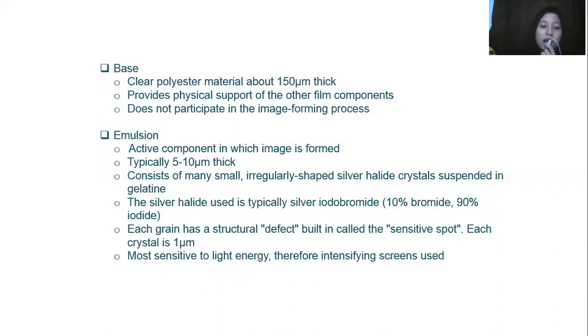Four, the silver halide used is typically silver iodobromide, 10% bromide and 90% iodide. Five, each grain has a structural defect which forms the sensitive spot. Its crystal is 1 µm. And the last, it is more sensitive to light energy, therefore intensifying screens are used.